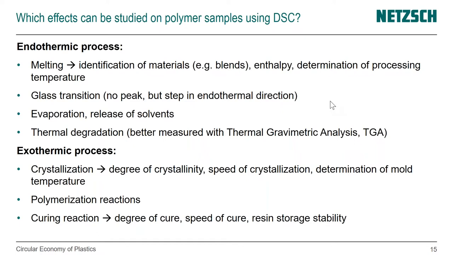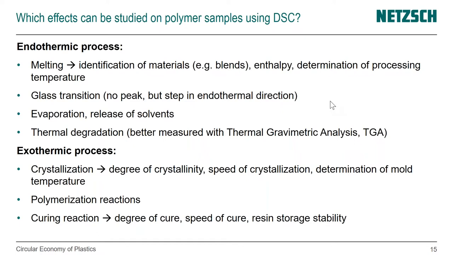Endothermic effects: melting can be used for identification of materials. Blends have always been a thing to use. It can be used to measure enthalpy, determine processing temperatures, glass transition, evaporation, what solvents are released, and to a certain degree thermal degradation, but thermogravimetric analysis is better suited for that.